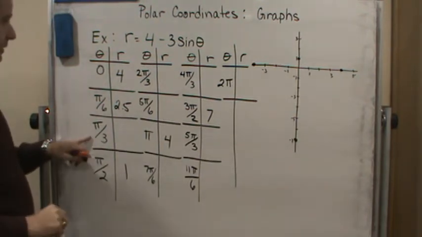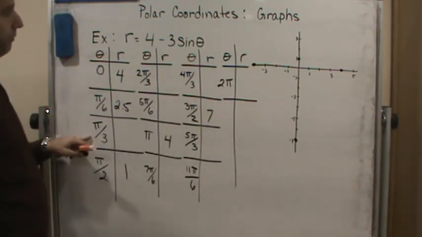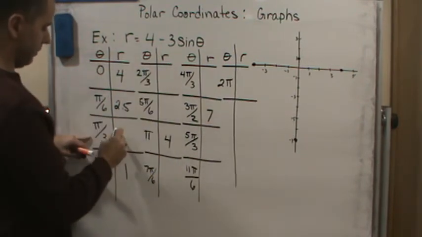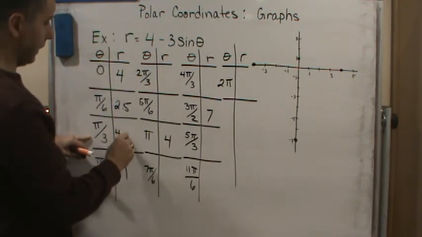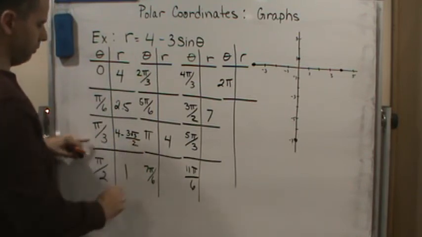And then at 60 degrees, this is going to be the square root of 3 over 2, right? So this is going to be 4 minus 3 times the square root of 3 over 2.